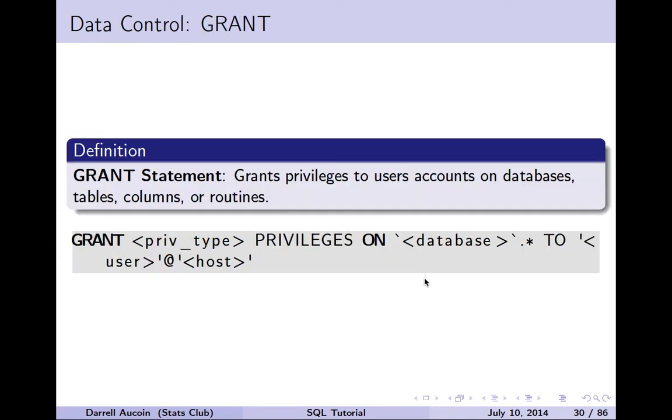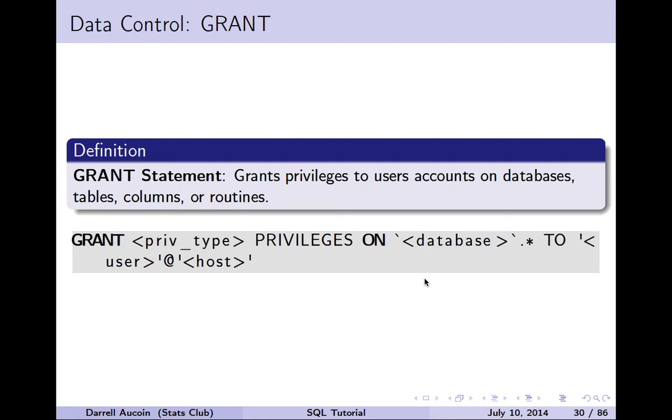And grants basically deal with privileges, like administrative privileges as root. You can grant privileges to user accounts. This also would, if the account doesn't already exist, create the account. For instance, grant privilege type, which could be select, drop, all those kinds of statements.